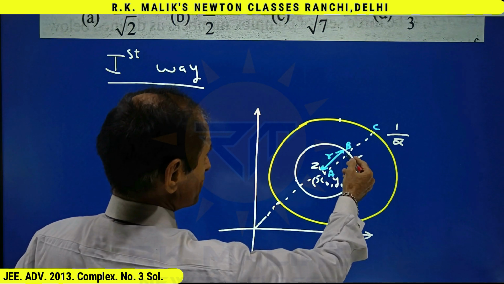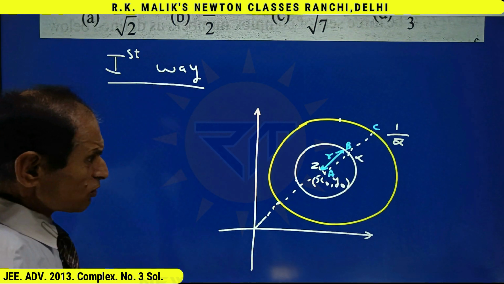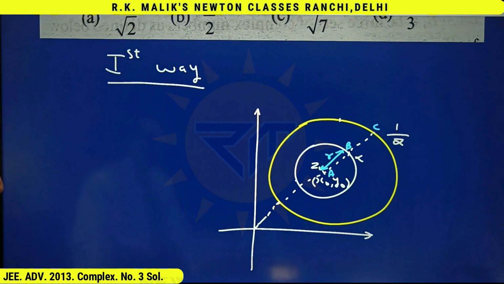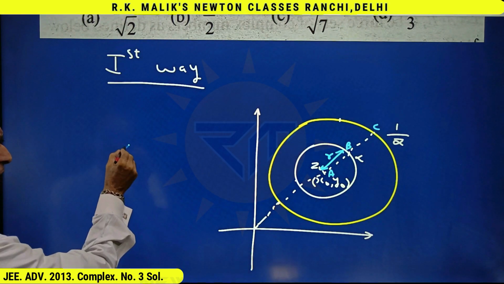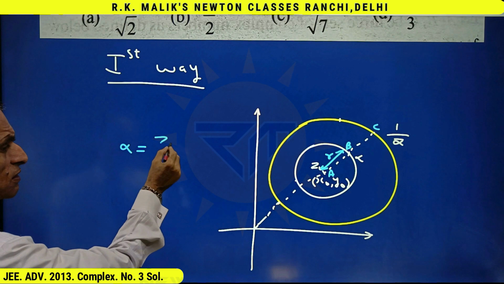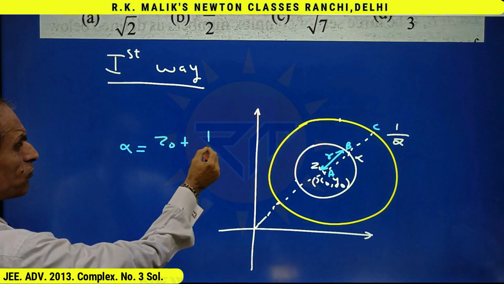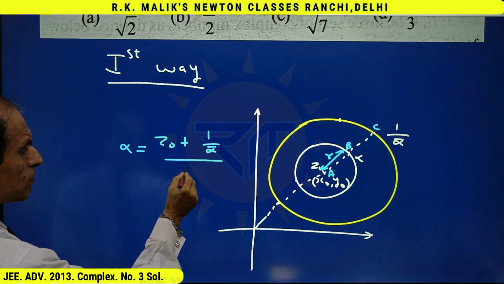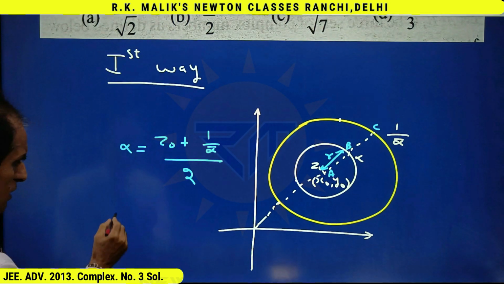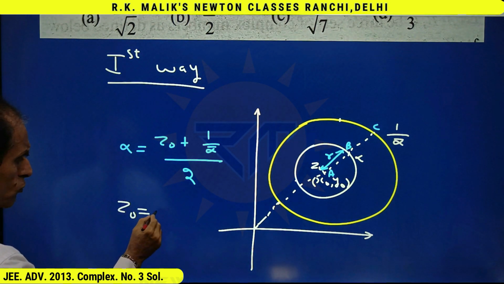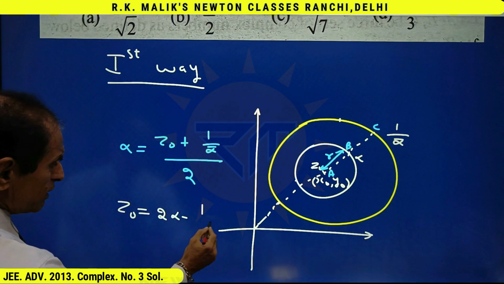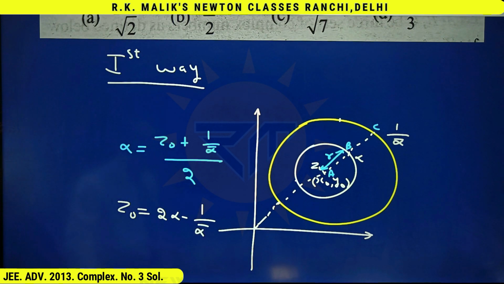That is, B is the midpoint of AC. Therefore, alpha will be (z0 plus 1 by alpha bar) by 2. Hence, I can say z0 equal to 2 alpha minus 1 by alpha bar.